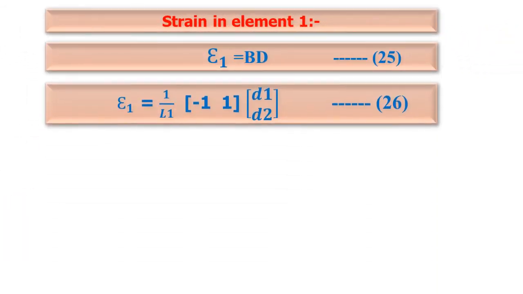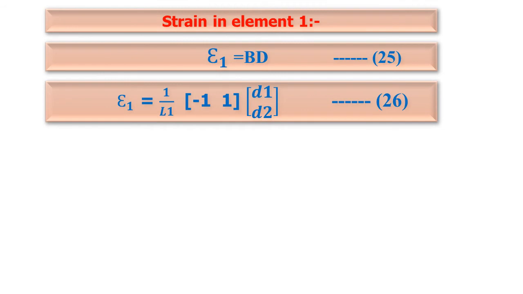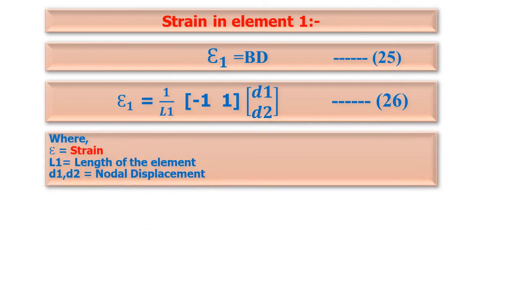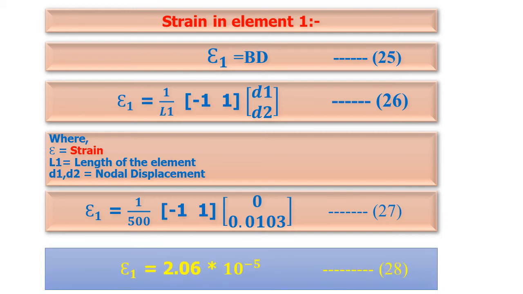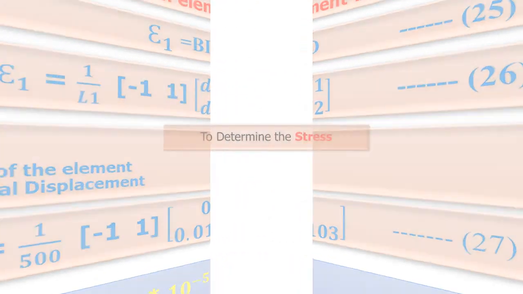Strain in element 1 is epsilon 1, which is 1 upon L1, minus 1, 1, D1 and D2, because element 1 lies between node number 1 and 2, therefore D1 and D2. For the first element, L1 is 500 and D1 is 0 while D2 is 0.013. We will put all values, and after calculation we get strain in element 1 is 2.06 into 10 raised to minus 5.